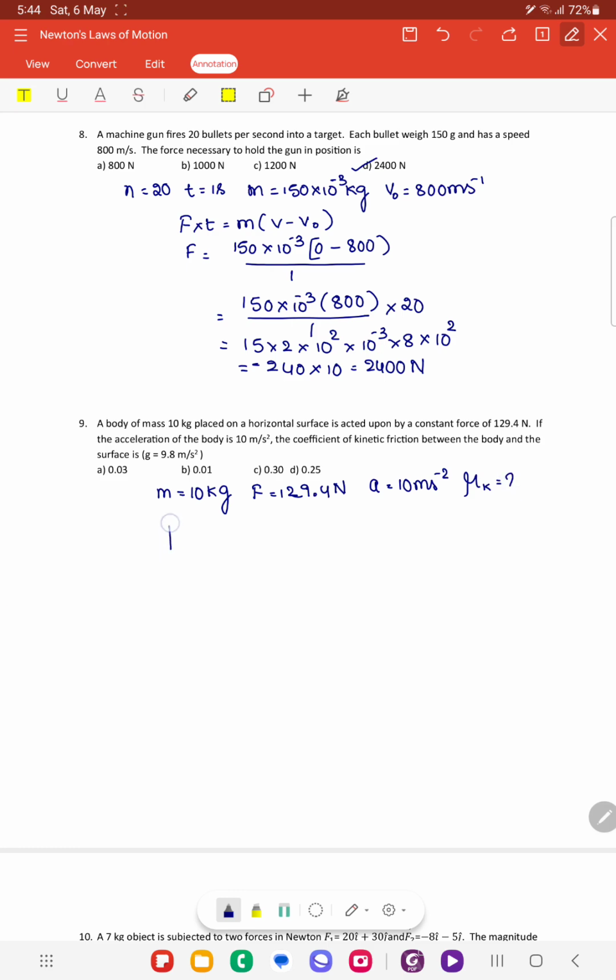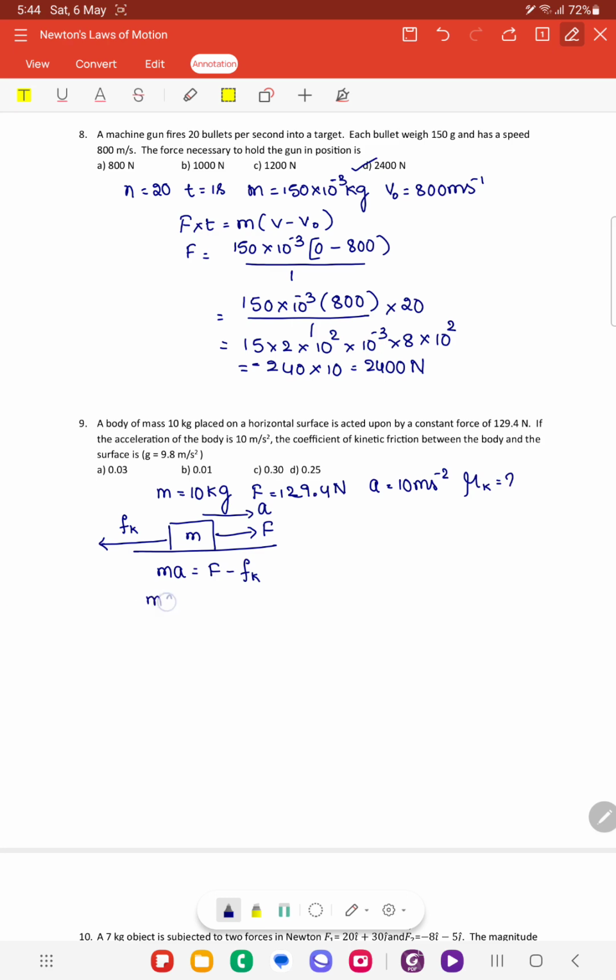So here we have an object of mass m. A force is applied, and the acceleration acts in the direction of the force applied. Since the object is moving towards the right, the frictional force Fk acts towards the left. So we have the net force m into a is equal to F minus Fk, the frictional force.